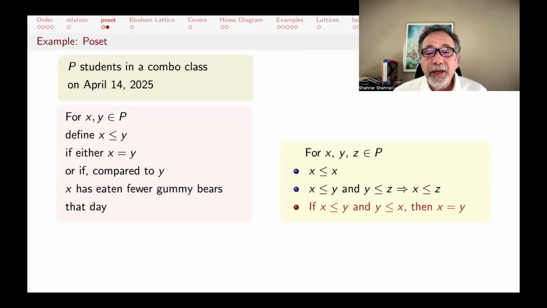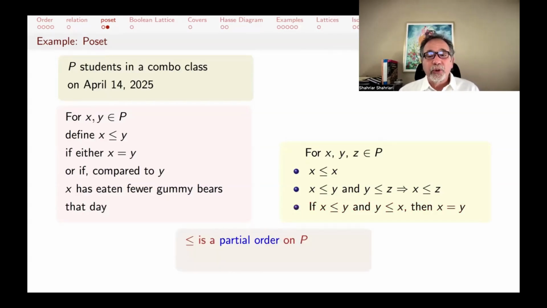But if it's not, then that would mean that X ate fewer gummy bears than Y. And Y less than or equal to X, again, could mean that Y equals X. But if it doesn't, then it means that Y ate fewer gummy bears than X. And X can't have eaten fewer gummy bears than Y, and Y have eaten fewer gummy bears than X. So the only way for both X less than or equal to Y and Y less than or equal to X to be true is if X actually equals Y. So this less than or equal that I defined is a partial order on this set, and P with that relation is a poset. Usually when we have a relation, we write the set, comma, and then the name of the relation, put it in parentheses, and we say that's a poset.